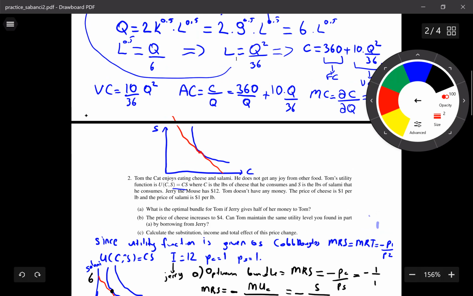This is found to be 3 and 3. Then the price of cheese changes.